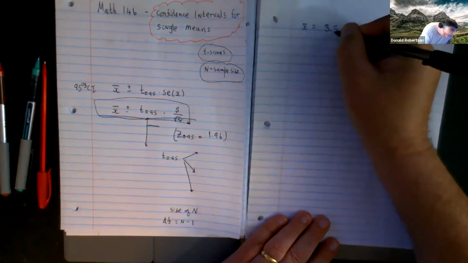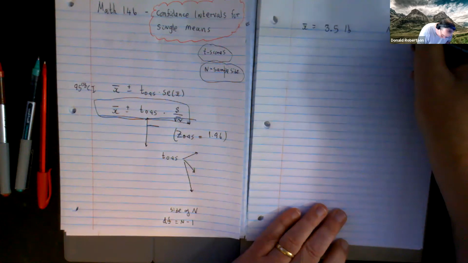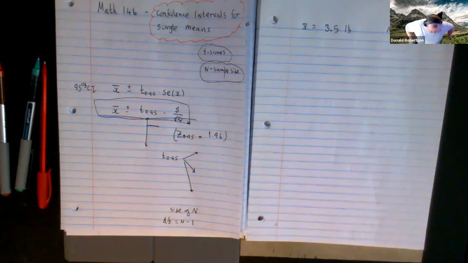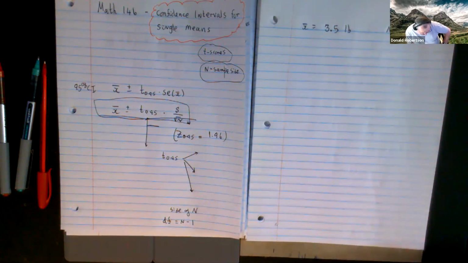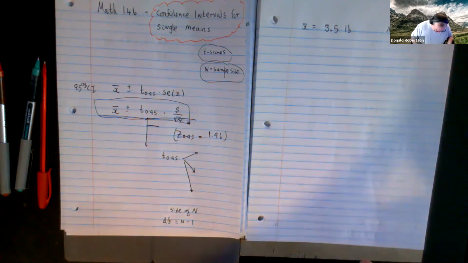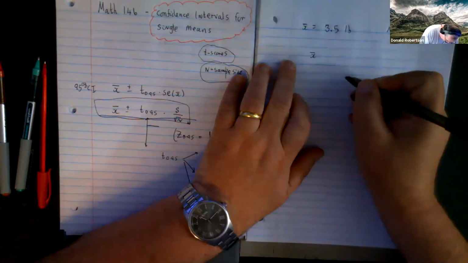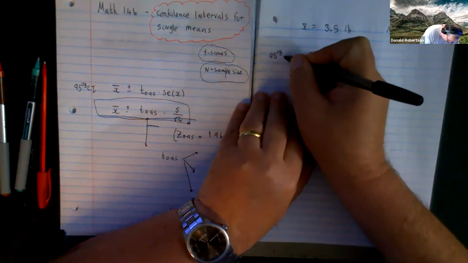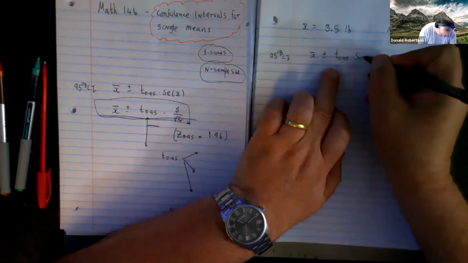They weigh 3.5 pounds in your sample, and your sample had 52 in it. And you want to use this data to estimate what you think the typical average weight of a rabbit is based on this sample. So I've got X bar, plus or minus, and we want a 95% confidence interval on it. So we're going to do that guy, right?